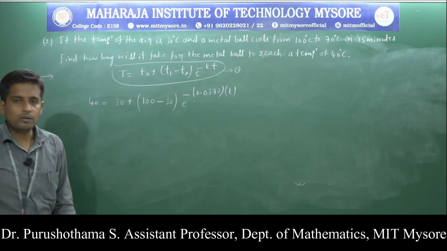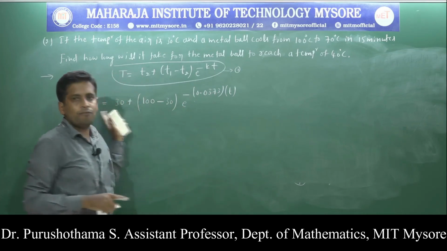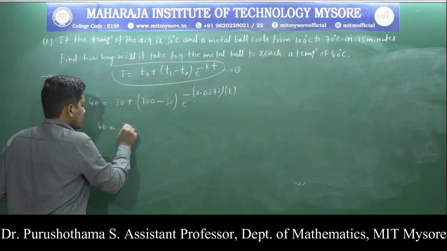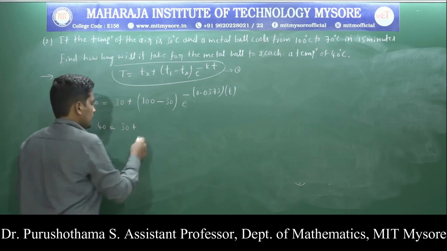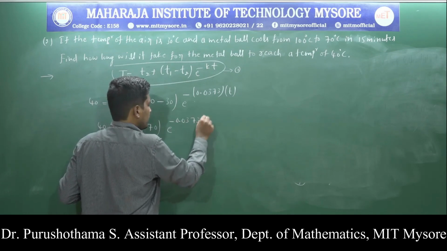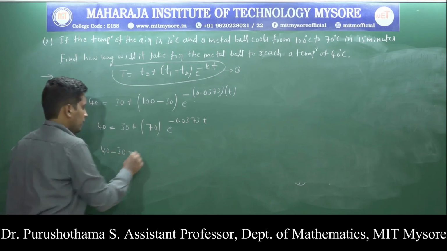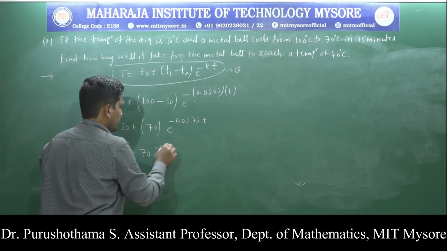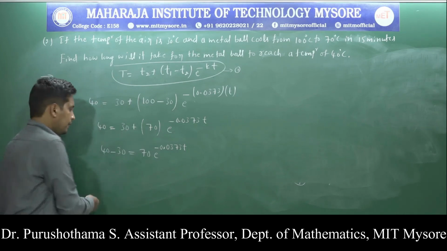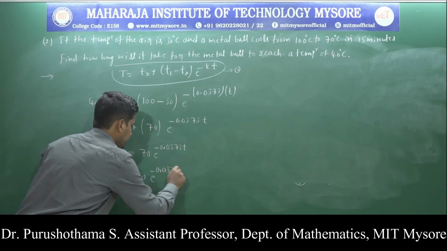So 40 is equal to 30 plus 70 into e power minus 0.0373 t, or 40 minus 30 equals 70 e power minus 0.0373 t. 40 minus 30 is 10, so 10 is equal to 70 into e power minus 0.0373 t.